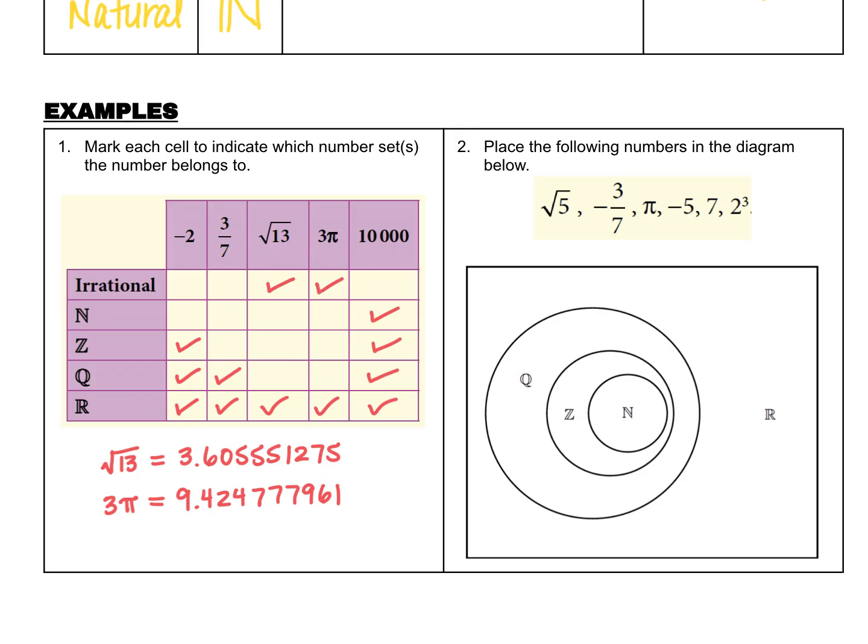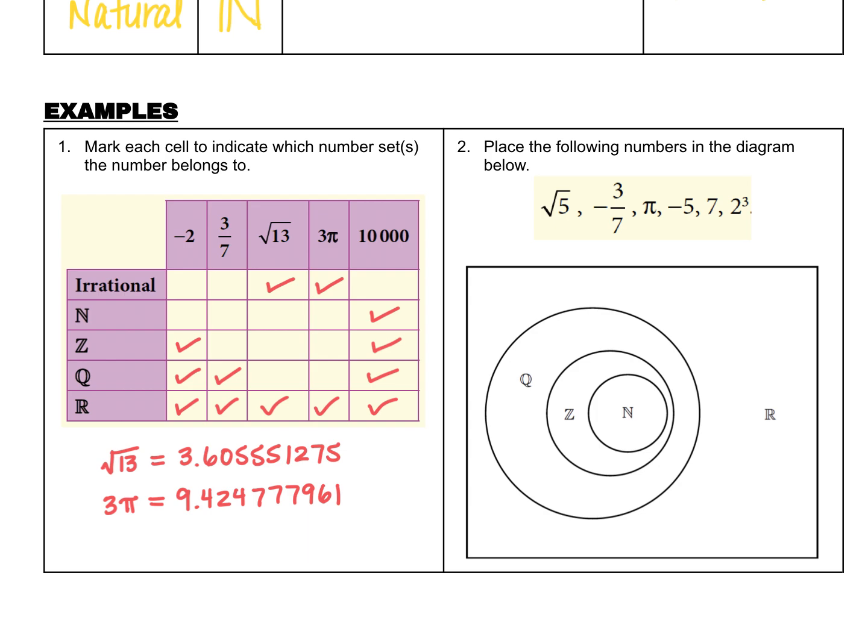Okay, now let's move on to number 2. So we want to place the following numbers in the Venn diagram below. So what you need to understand is that all numbers are in the subset of being a real number. So any number, no matter if it falls in here, here, or here, they are all real numbers.